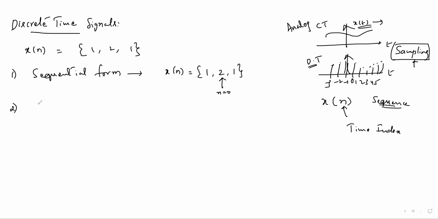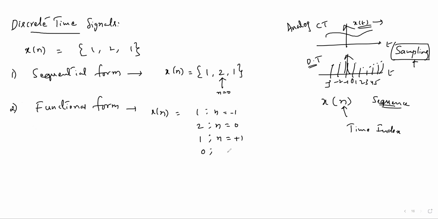The same signal can be represented in functional form. So x of n, we'll write in functional form like this. It is 1 when n is minus 1. It is 2 when n is 0. It is 1 for n equal to plus 1. And it is 0 elsewhere.